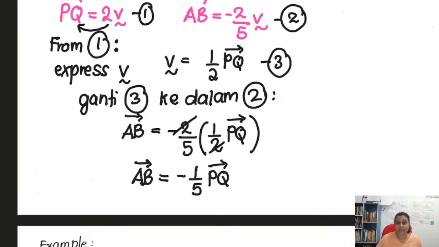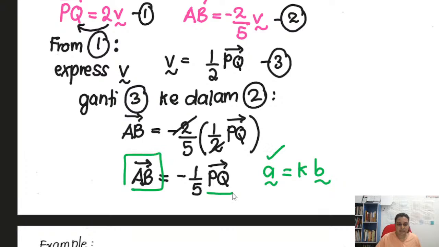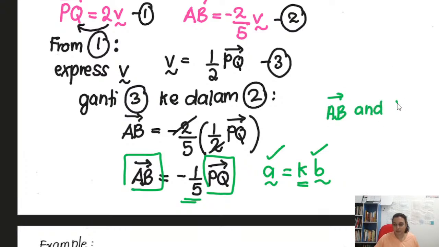You check whether the format looks like this or not. Here got vector, here also got vector, and in the middle here got constant. Betul tak? Since it looks like this, therefore AB and PQ are parallel vectors. So you have proved already. Sudah buktikan.